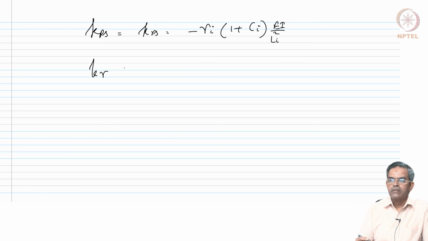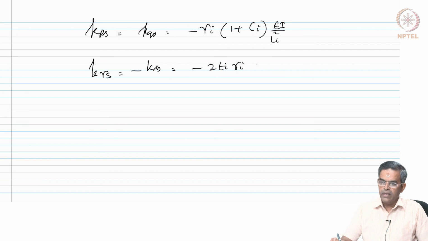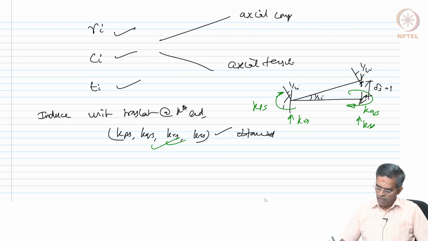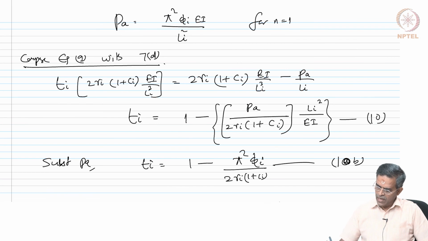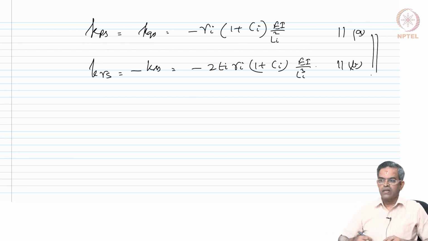Kqs, Krs is minus of Kss, which is minus 2 Ti Ri 1 plus Ci, Ei by Li cube. We call these equations 11a and b. Friends, please derive this and get it satisfied before we proceed further.